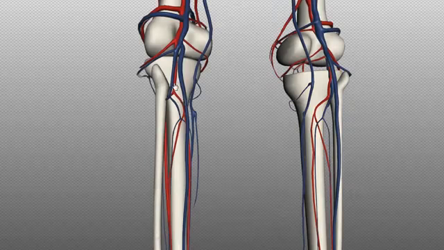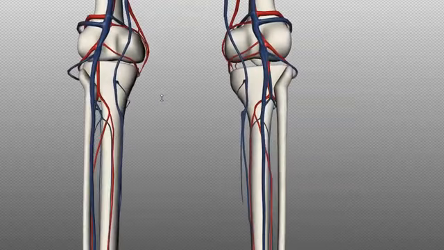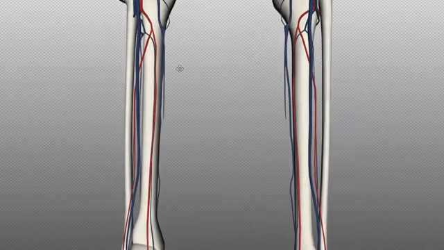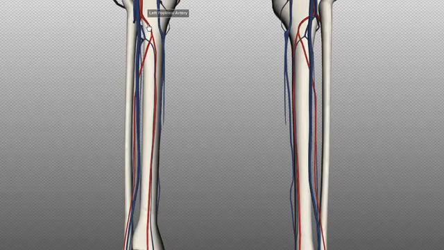And then at the back you've got two branches. You've got the posterior tibial, so the popliteal artery splits into the posterior tibial here. The posterior tibial artery runs down the posterior surface of the tibia, and you've got the peroneal artery, which runs laterally on the posterior surface.